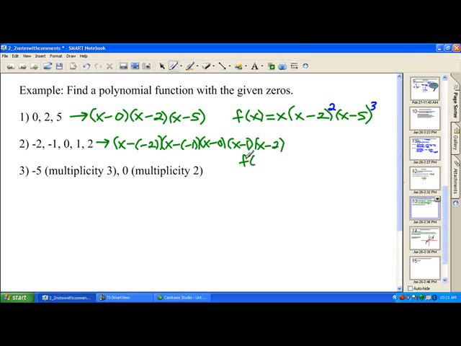So we could have f of x would be then x plus 2 times x plus 1 times x, I should have put that out in front here, times x minus 1 times x minus 2. Let me put in my x a little bit clearer there. Okay, I still didn't get it right. Sorry about that. Do over, huh?